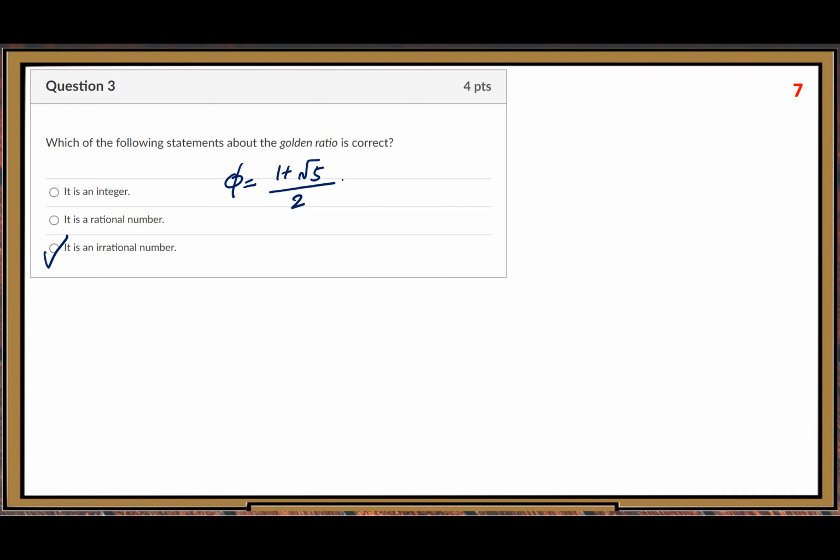In number theory, there is a famous question. Show that root 2 is not a rational number.